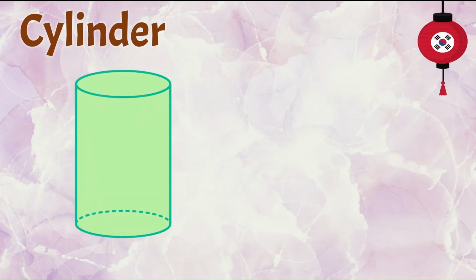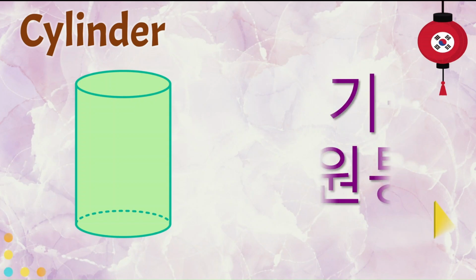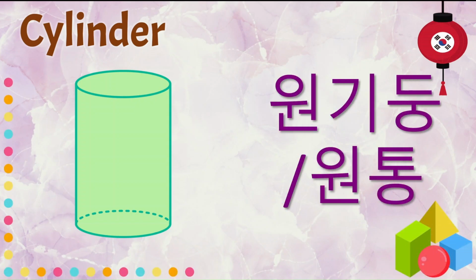Next, let's see how to say cylinder in Korean. Now again, there are two ways to say cylinder. One is 원기둥, 원기둥. And the second word for cylinder is 원통, 원통. So, 원 comes from the word for circle in Korean. Circle is 원.